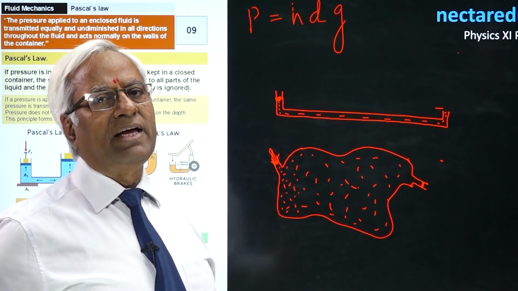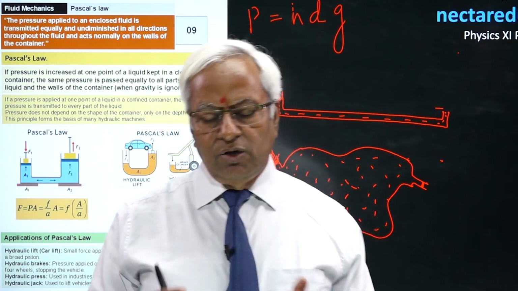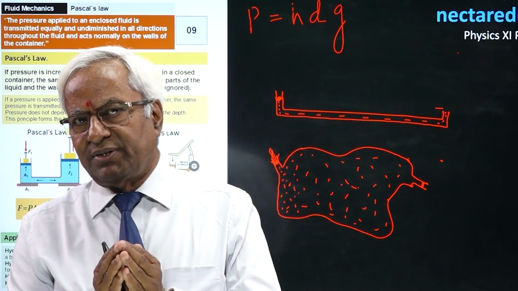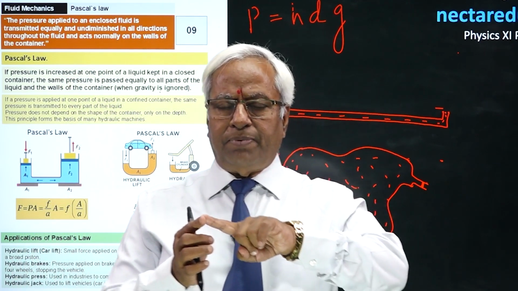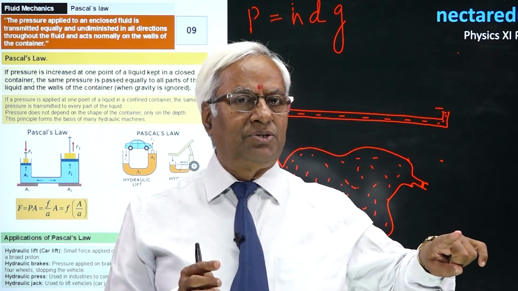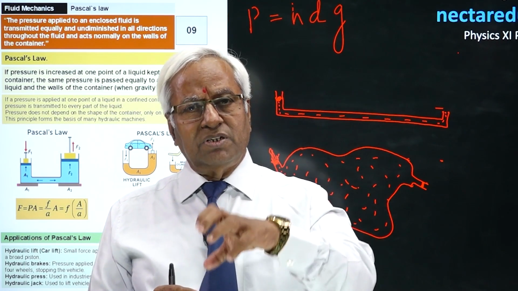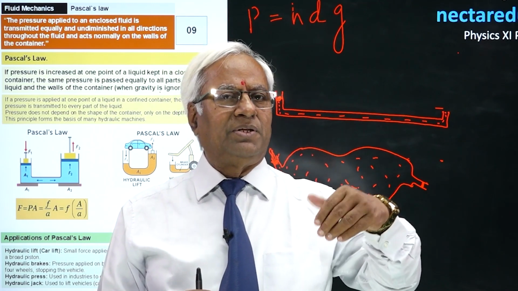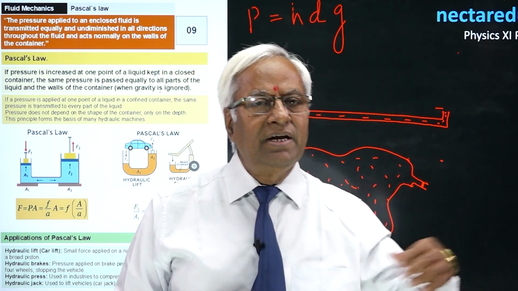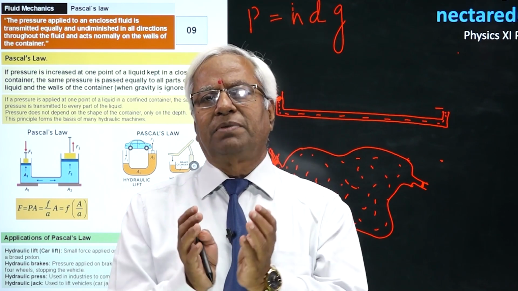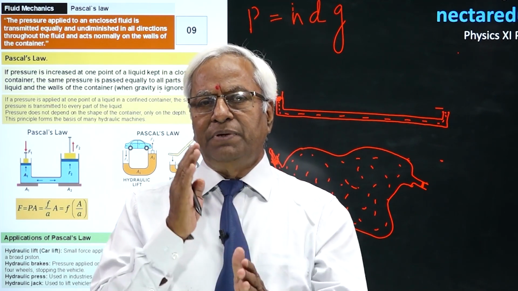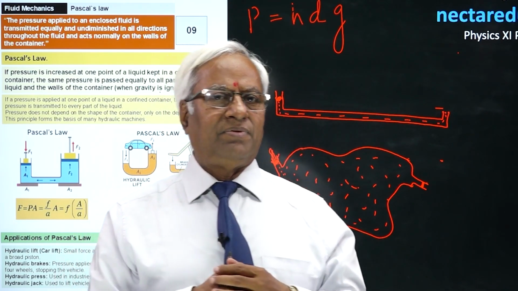So, when you are trying to understand Pascal's law, you also understand this thing, that pressure is transmitted unchanged. That pressure gets transmitted with electromagnetic speed, and to any part of the container, it will be experienced immediately.